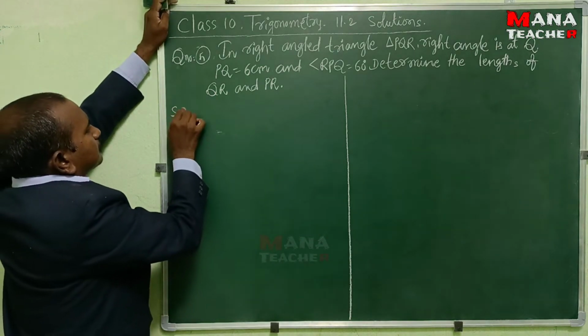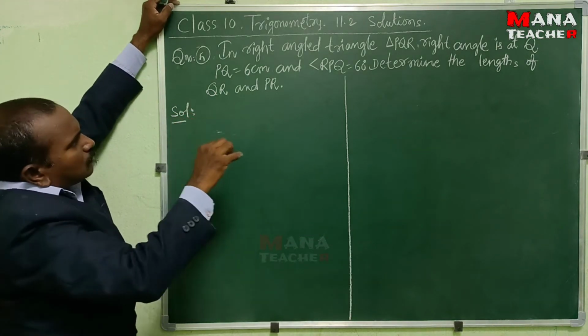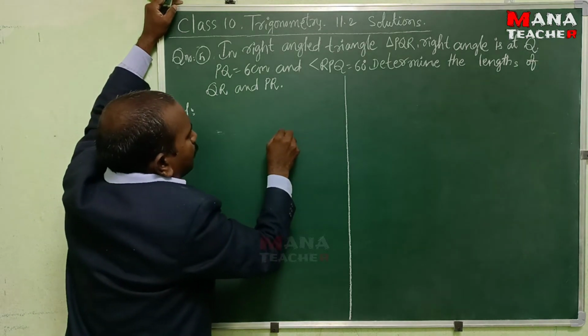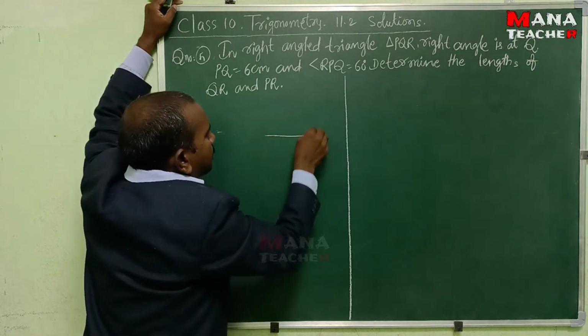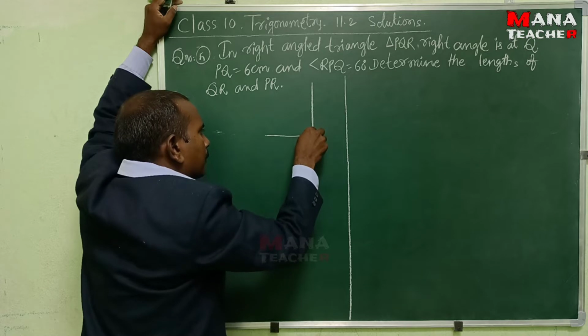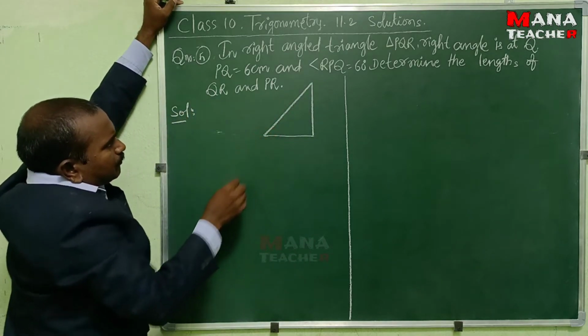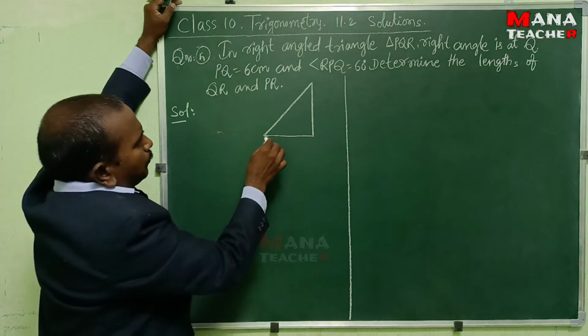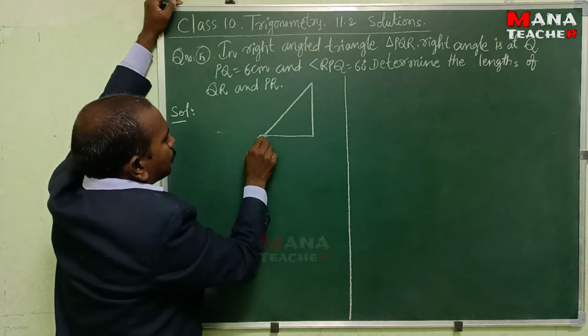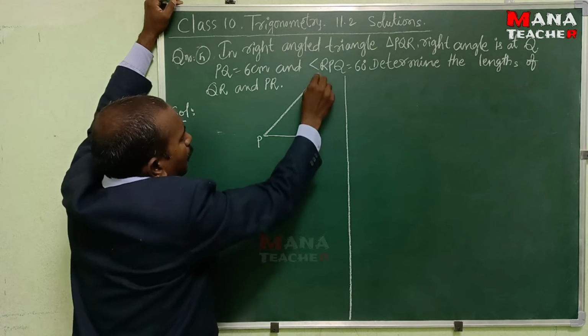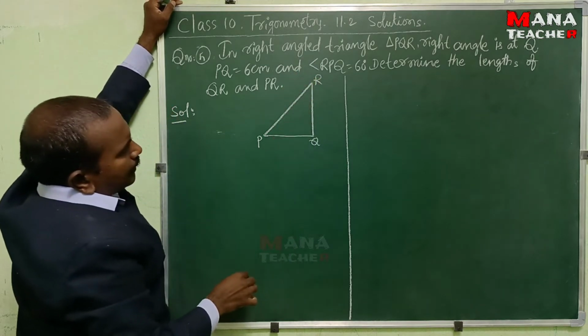Solution. First you have to draw the right angle triangle. The name of the triangle is given, P, Q and R. This is the triangle.